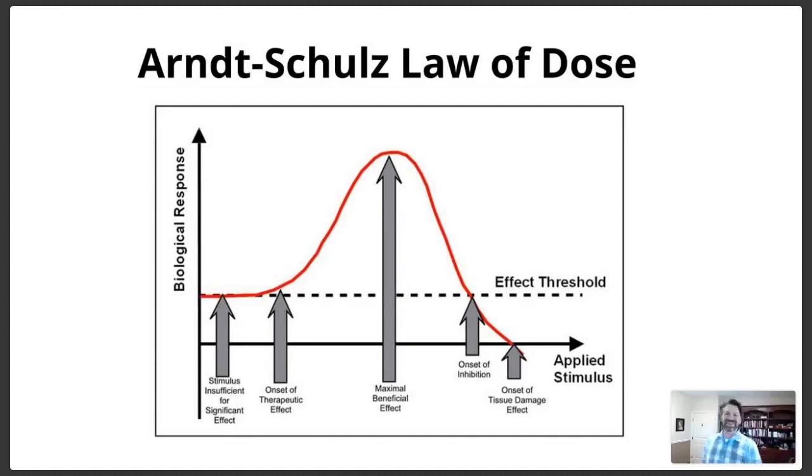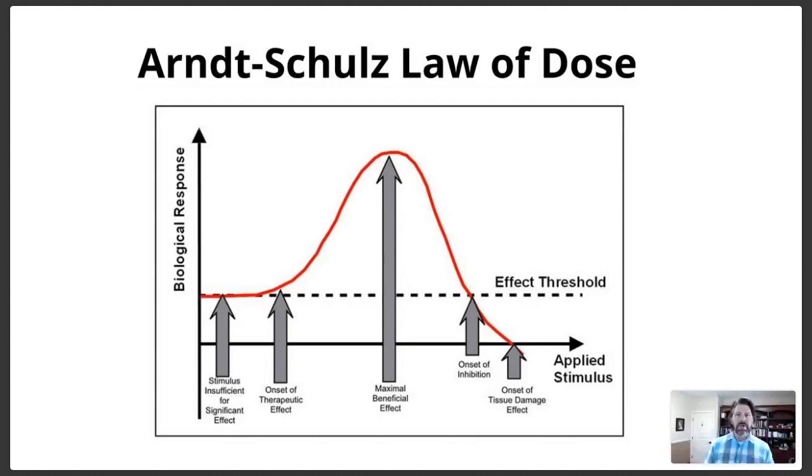I was taught this law, and the way I like to think of it is the law of fertilizer. Suppose you plant a garden and you want beautiful vegetables, and so you add some fertilizer to the garden to help the vegetables grow, to give them the nutrients they need. And you add some fertilizer and you get a nice effect, and the plants are big and beautiful, and you say, oh, I'm going to add more.